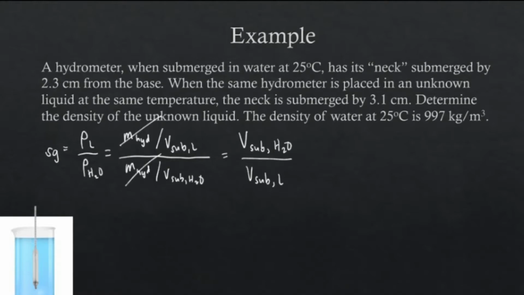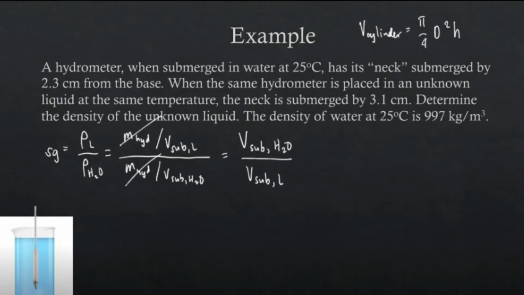Now we know that the neck of a hydrometer is a cylinder, so we can simply represent the volume submerged as the volume of a cylinder. The volume of a cylinder, to review, is equal to pi over 4 times D squared times h. Capital D in this case pertains to the diameter of the cylinder, while h pertains to the height of the cylinder.